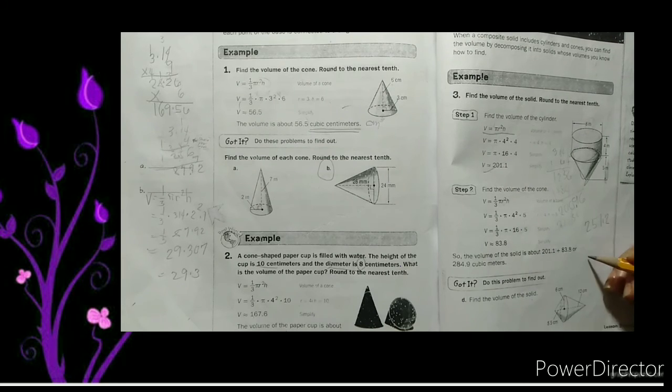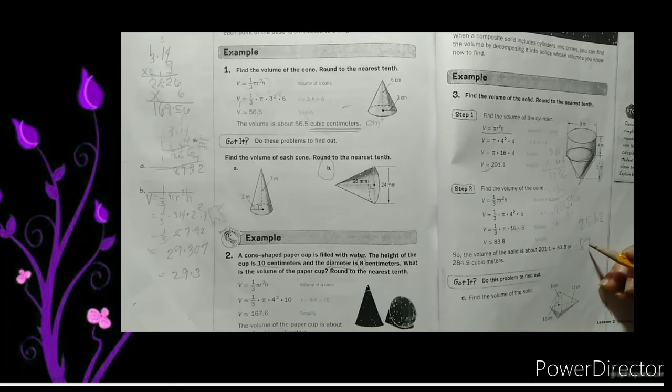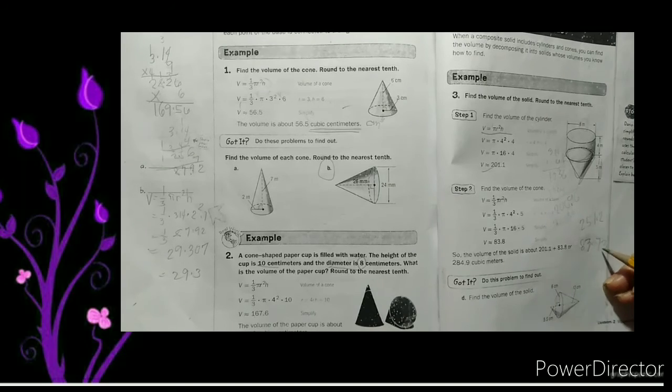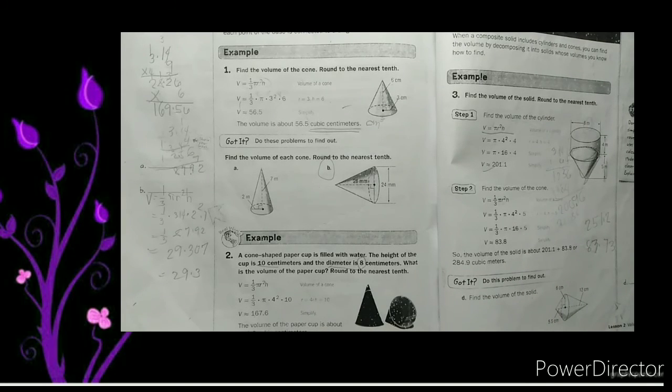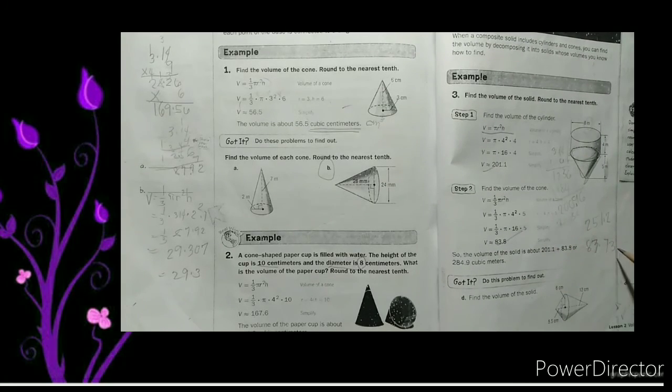So the answer is 83.73. Then you will round off, so it is 83.7.